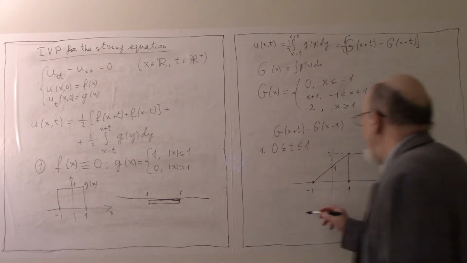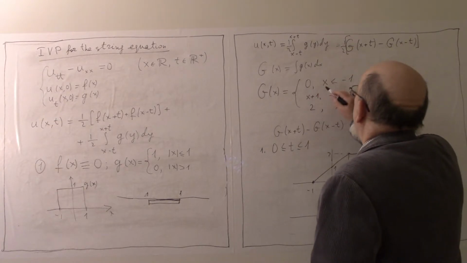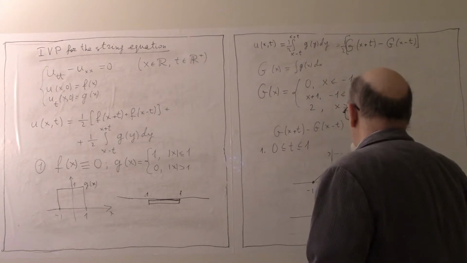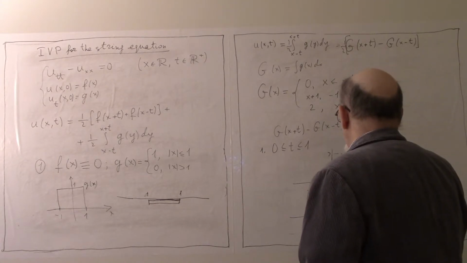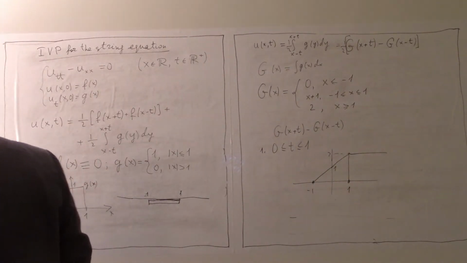So if you consider the picture, what is G(x+t) minus G(x-t)? One moment, let me draw it here.